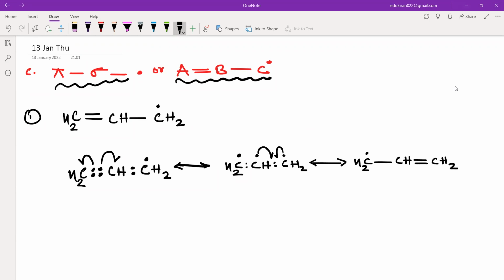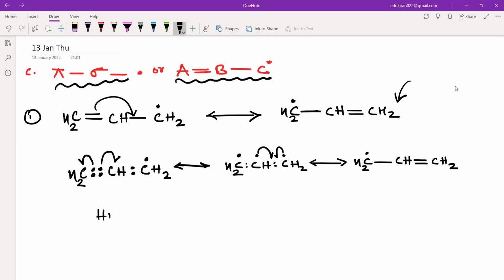So rather than writing all these steps, you can directly write this bond will go here and you will be forming CH2 single bond, CH double bond, CH2, and you will give a free radical here. This is the complete process, how it happens, and this is how you are going to write.